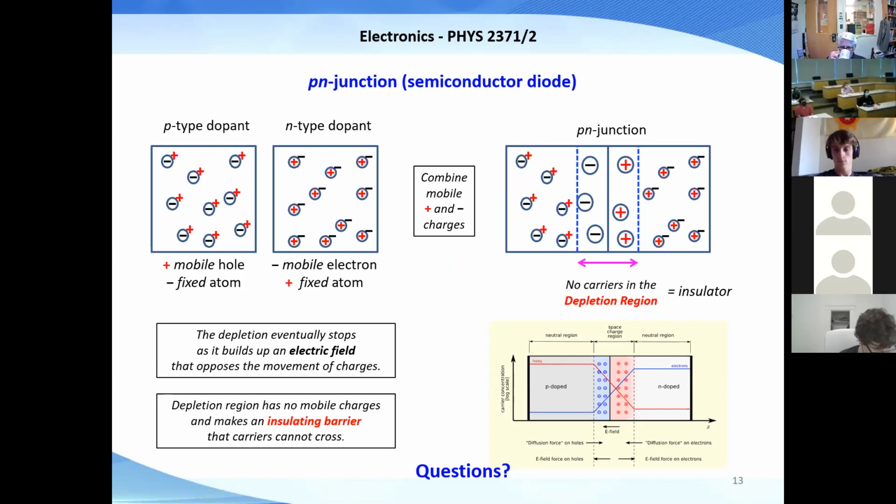Professor, I have a quick question. Mm-hmm. So in a PN junction, is the reason there's a depletion region because the mobile electron and the mobile hole are obviously attracted to each other, so they attract each other and counteract each other? Then is that why there's no carriers in the region? Right.